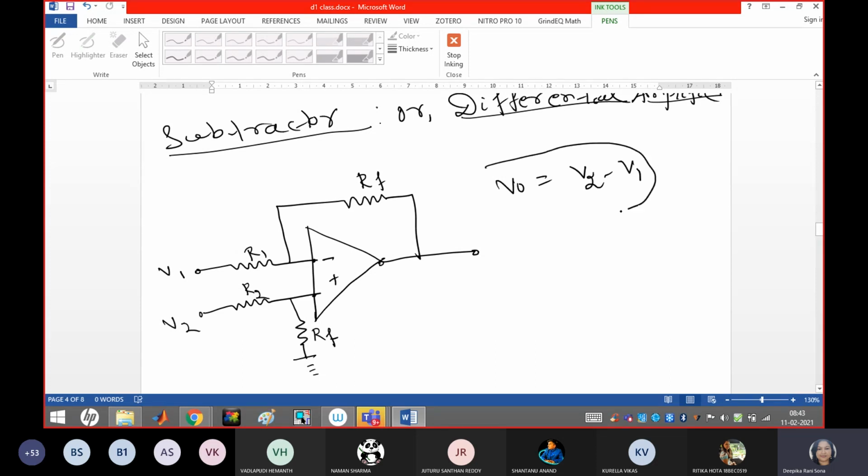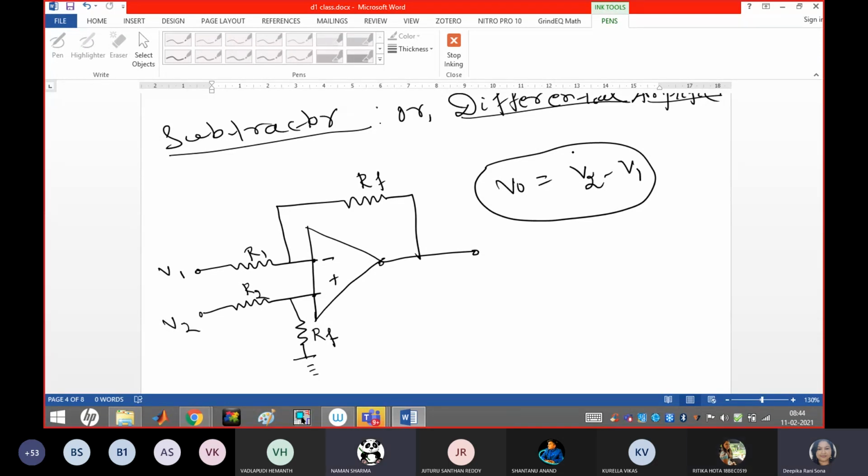How do we prove this? Why is it V2 minus V1, not V1 minus V2, guys? Because the inverting terminal is connected with V1, ma'am, that's why it's minus there. Which one is the higher potential? Which one is the positive applied input?